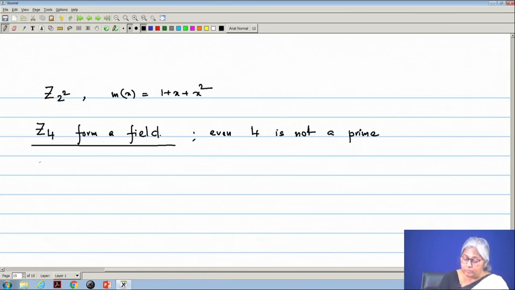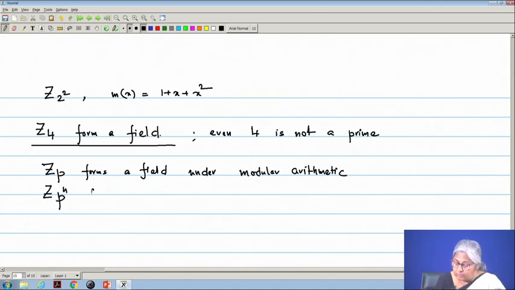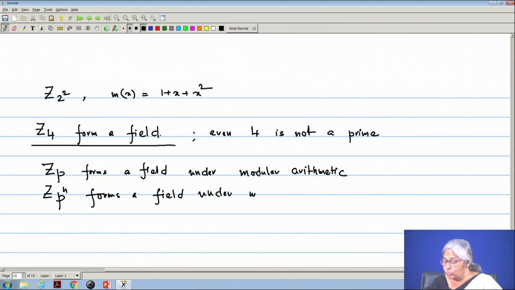We have earlier seen that Z p forms a field under normal modular arithmetic, and Z p to the power n forms a field under modular polynomial arithmetic.